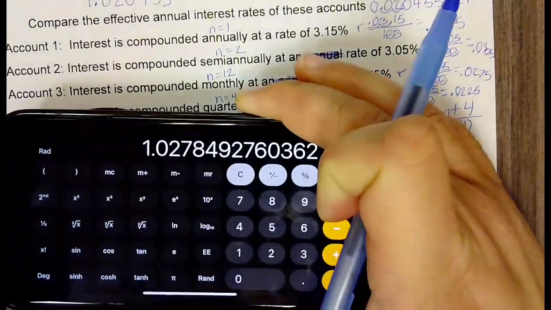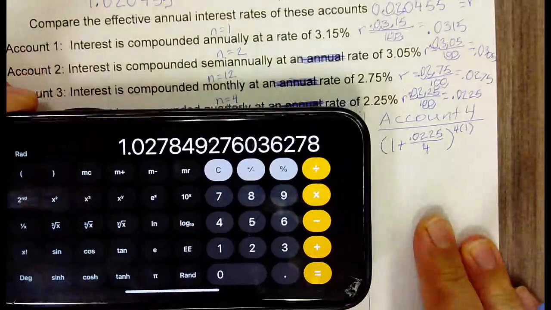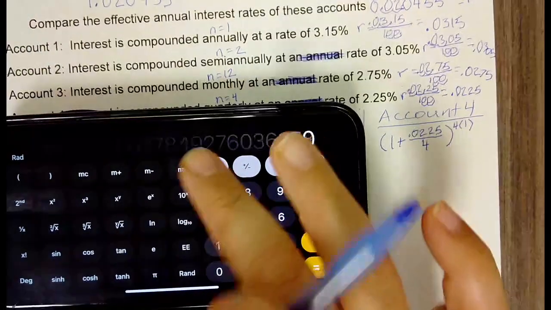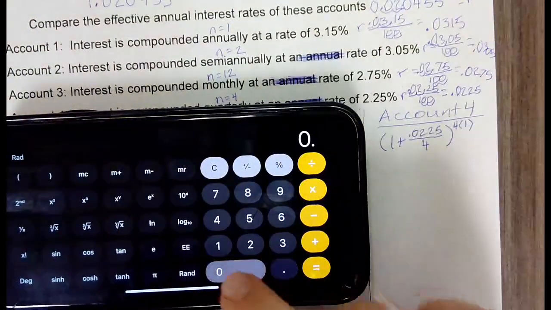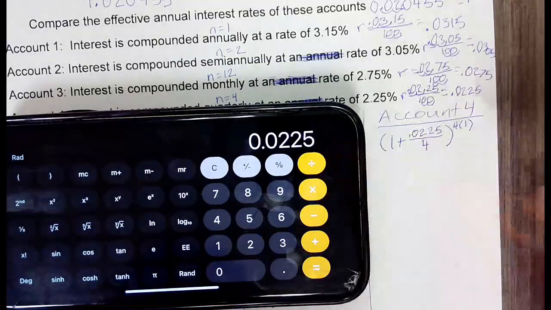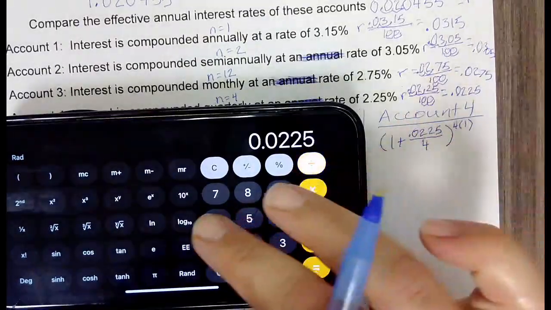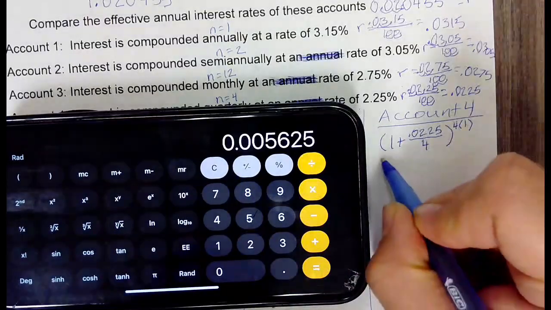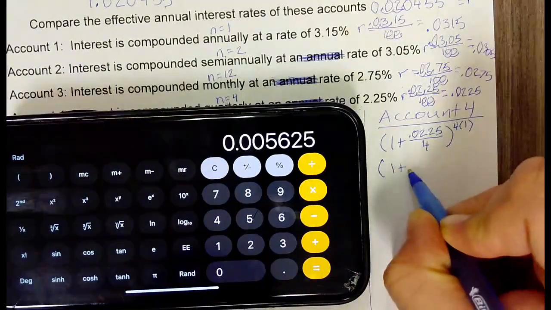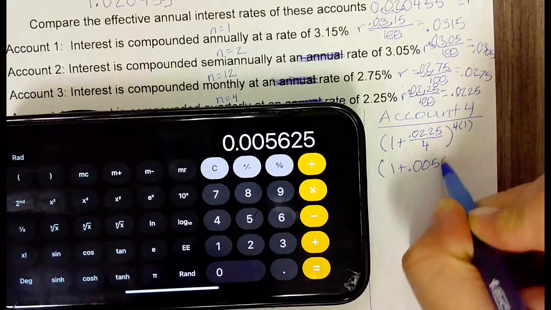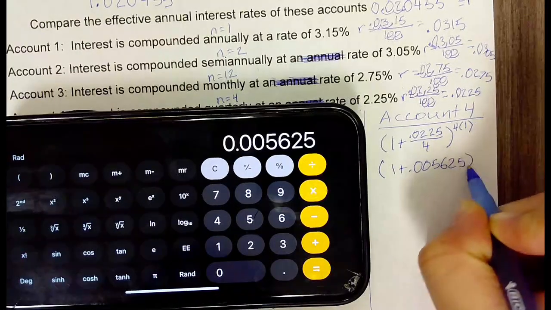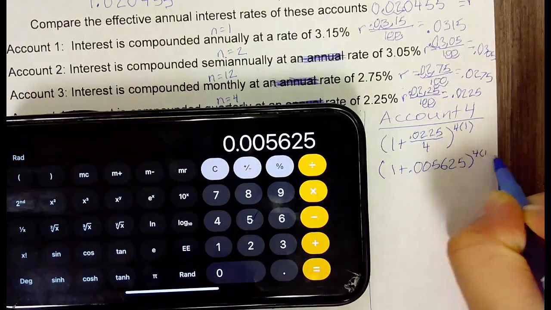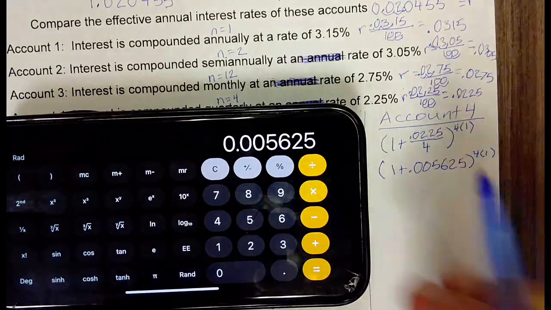Same thing, I'm going to use the order of operations to solve this. So I have 0.0225 divided by 4 equals 0.005625. And I'm rewriting my equation so I don't miss any steps.